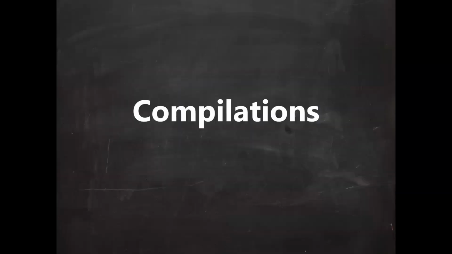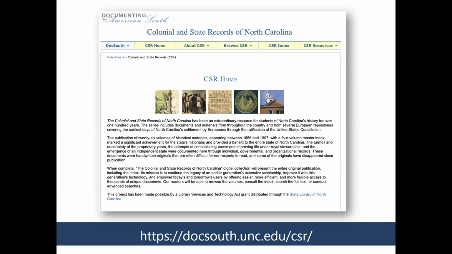Like the others, we're going to focus on some compilations. And for North Carolina, I got to tell you, the Colonial and State Records of North Carolina, which is part of Documenting the American South, this is a go-to. You want to check this out for sure.